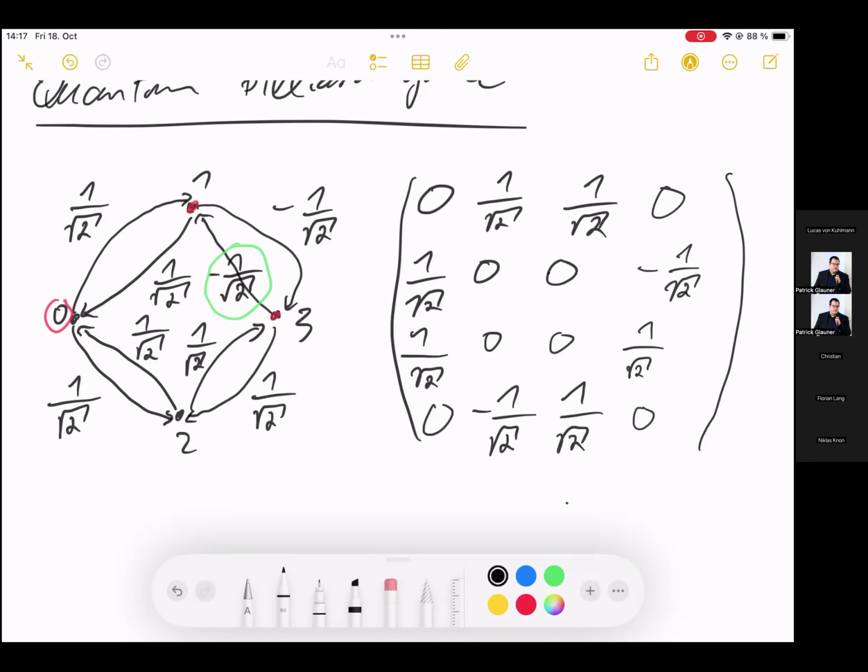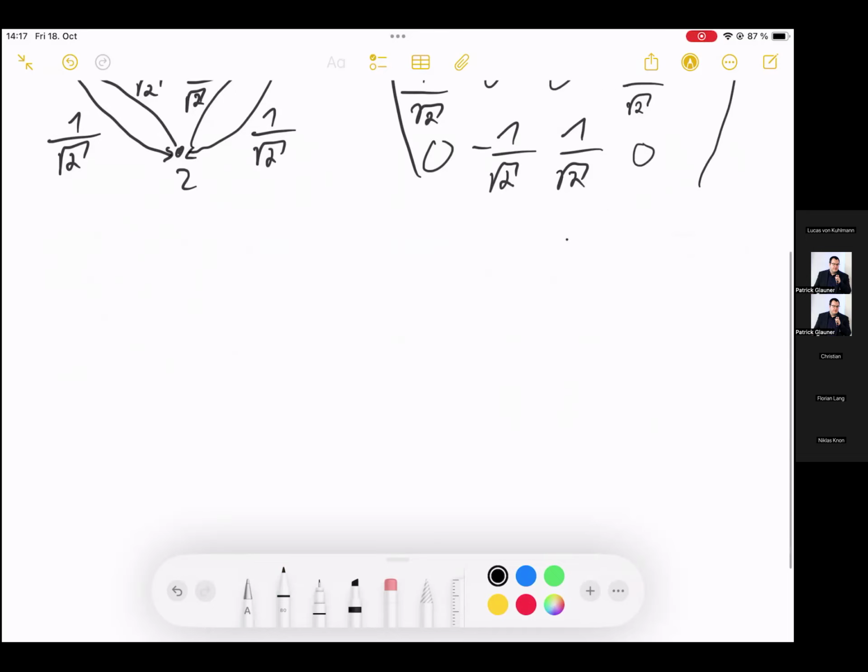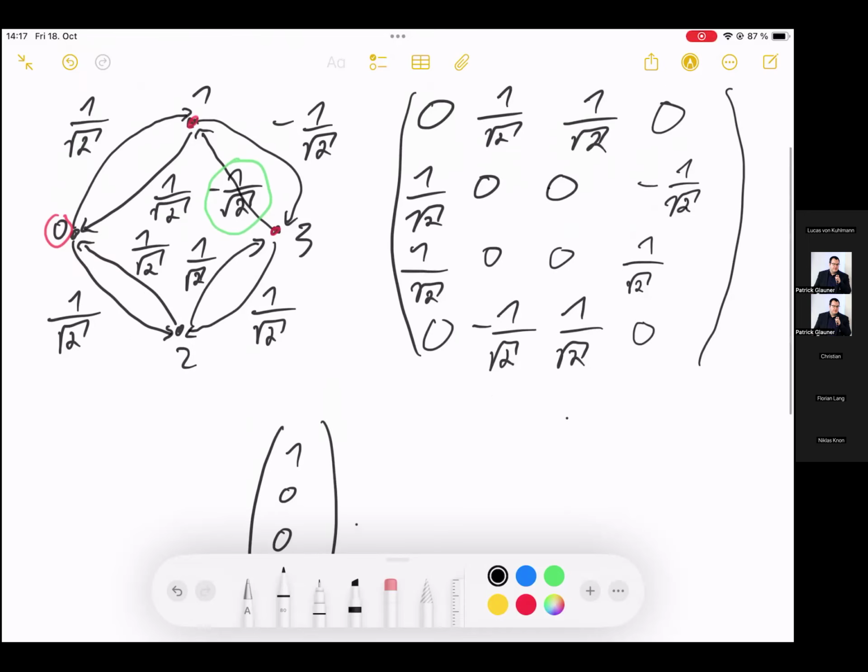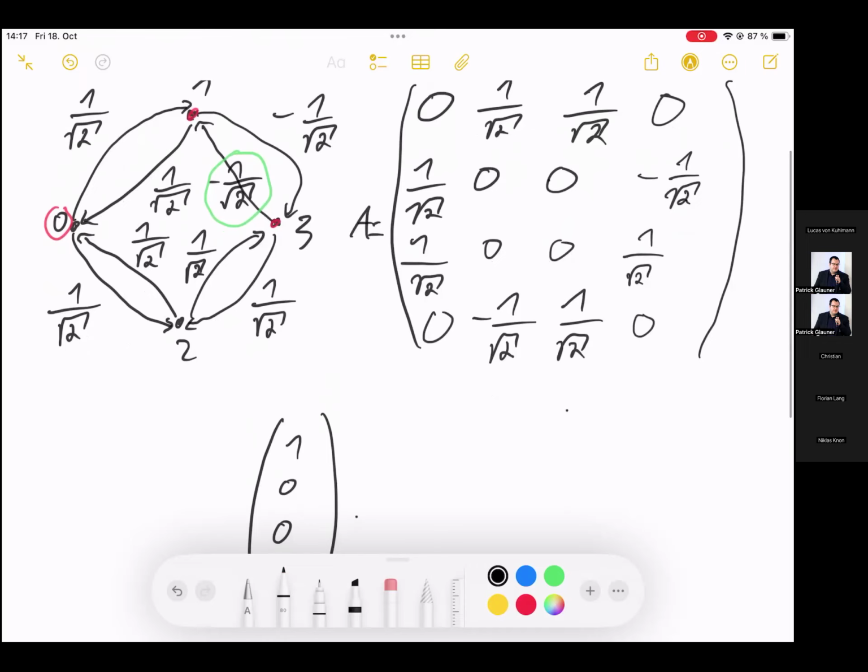What I want you to do now is imagine you start with a start state that we call this 1, 0, 0, 0. We just write this matrix as A for now.